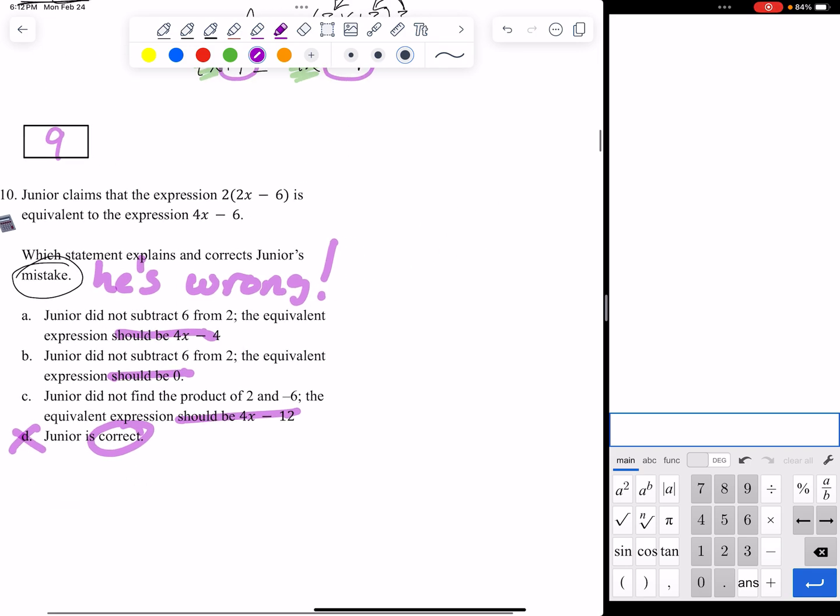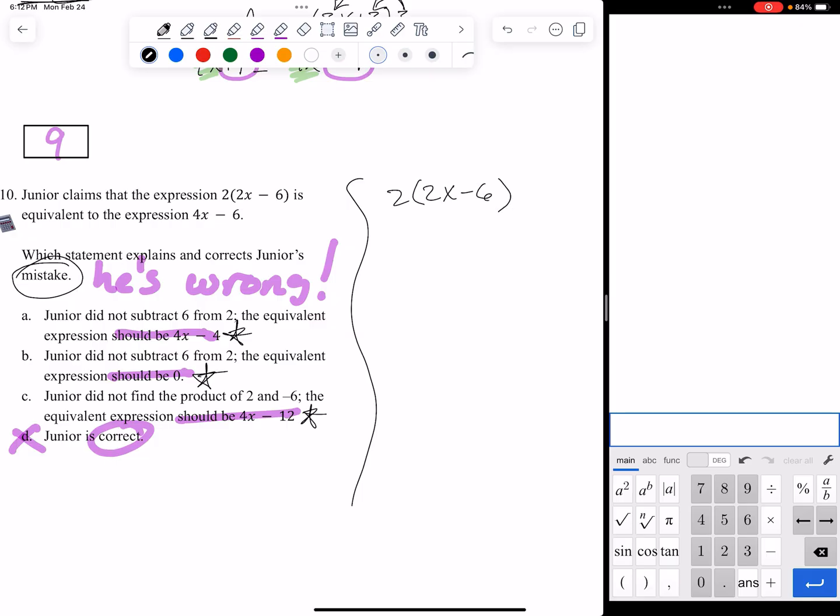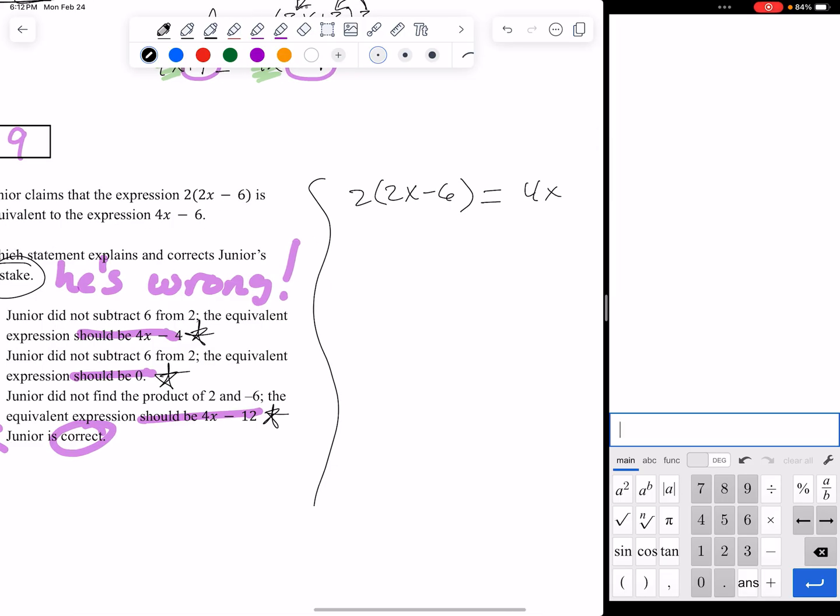Okay, so just like I said, I'm not going to play teacher, right? I want to know what the final answer is, because guess what? Is the final answer that one, or that one? So let's see where I started. 2 parentheses 2x minus 6. What does it equal? Junior said it was 4x minus 6.